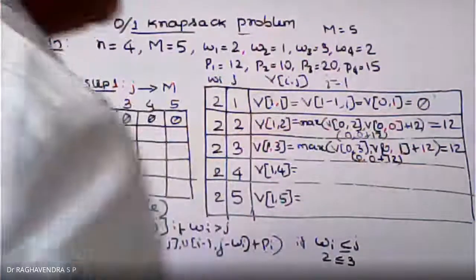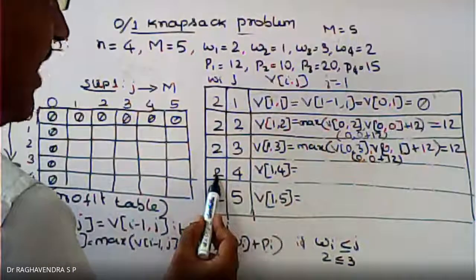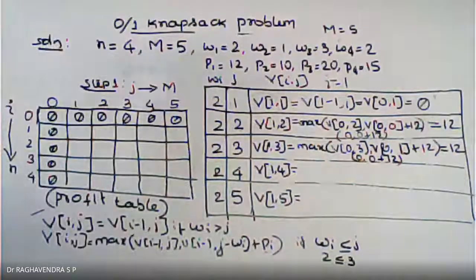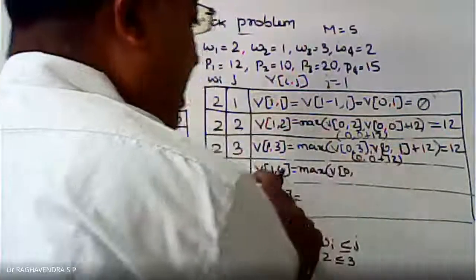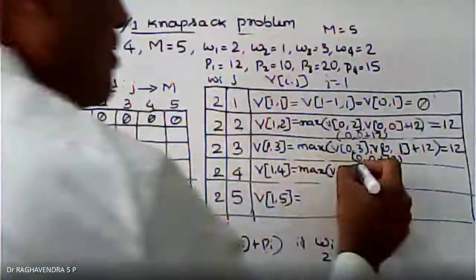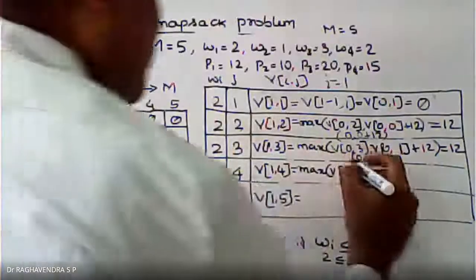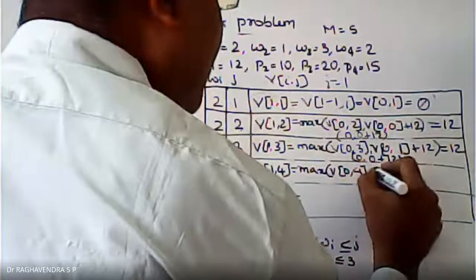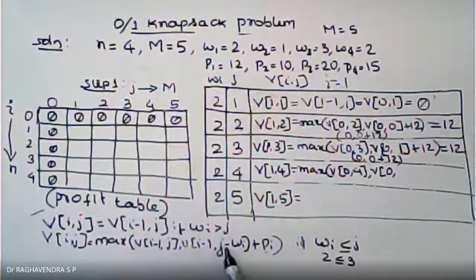Next we have 1, 4. The weight is 2 and the remaining capacity is 4. You have to check which case it fits, case 2 or case 3. Case 3. So once again, max of V of 0, 4, where J is 4, comma V of 0, J minus Wi.